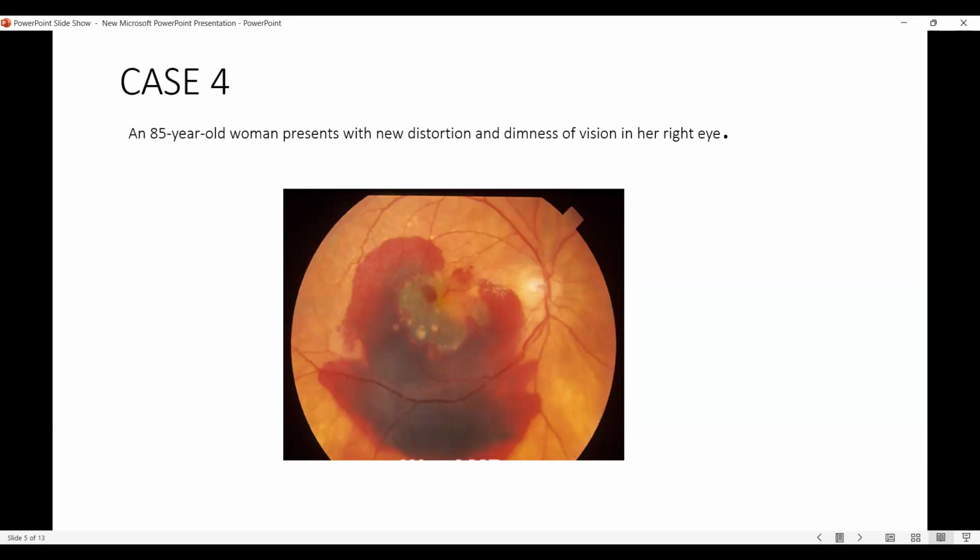So then how would you like to manage this patient? Anti-VEGF injection directly, ranibizumab, intravitreal. Okay, then anything else?